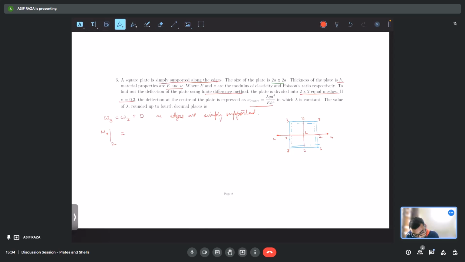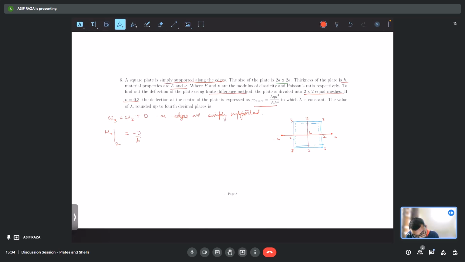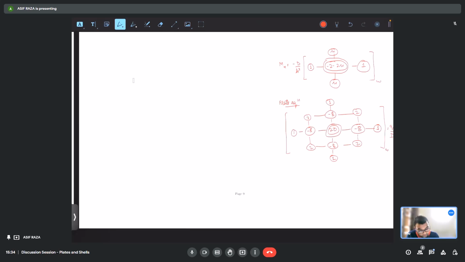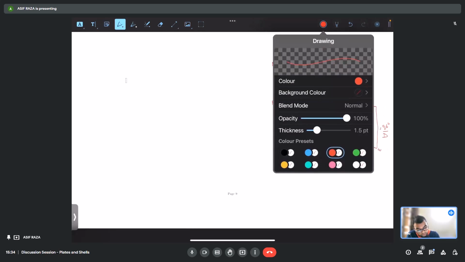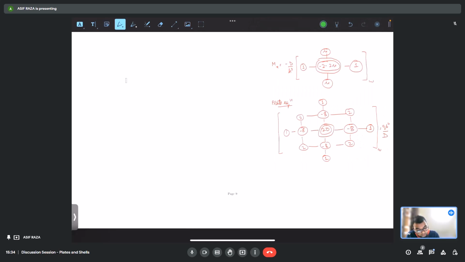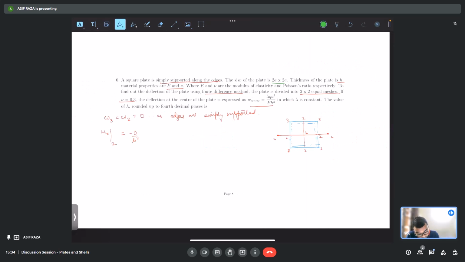If we see Mx value at 2, what do we have as minus D by h square. So we will get the value when we use this and keep this at the point 2.